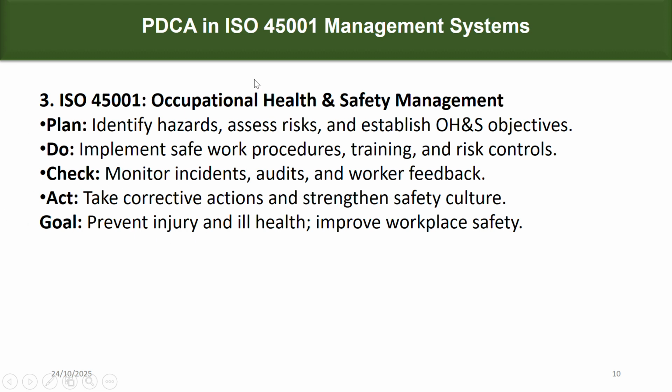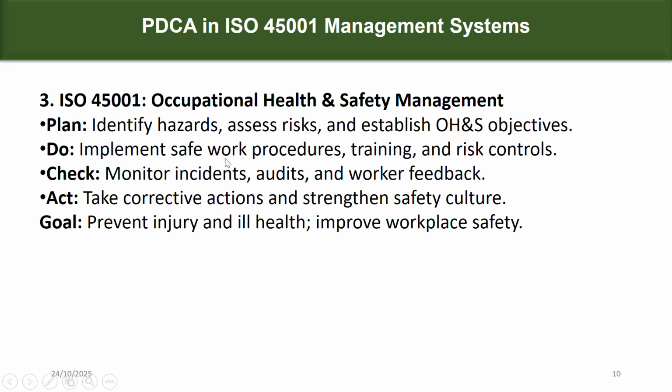Now we are explaining how to apply PDCA to ISO 45001, the Health and Safety Management System. ISO 45001 Occupational Health and Safety Management System. Planning: identify hazards, assess risks, and establish OH&S objectives.